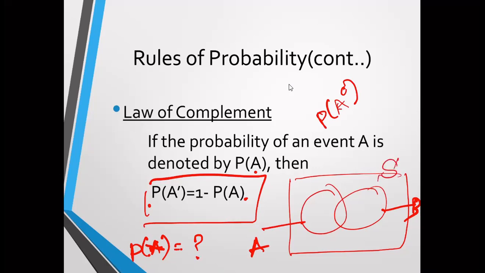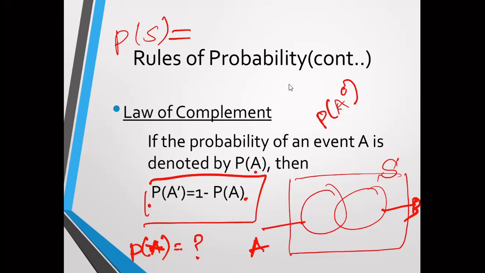This is the universal set, capital U or capital S, the sample space. Can you tell me what is the probability of the universal set? There was a question in the question paper last time, for your seniors, 17-18 batch. I gave them a Venn diagram with probabilities.